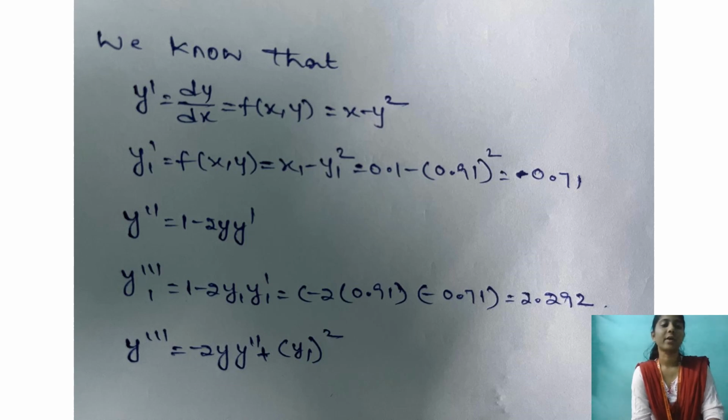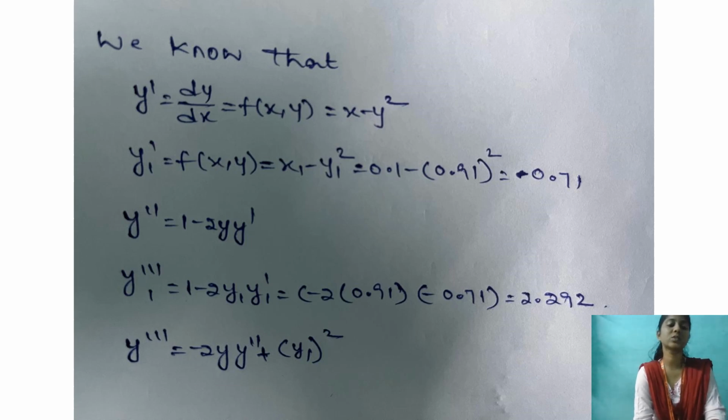We know that y dash equals dy by dx equals f of x comma y equals x minus y square. Y1 dash equals f of x1 comma y1 equals x1 minus y1 square equals 0.1 minus 0.91 whole square equals minus 0.71. Y double dash equals 1 minus 2 y y dash, so y1 double dash equals 1 minus 2 y1 y1 dash equals 1 minus 2 of 0.91 of minus 0.71 equals 2.292.